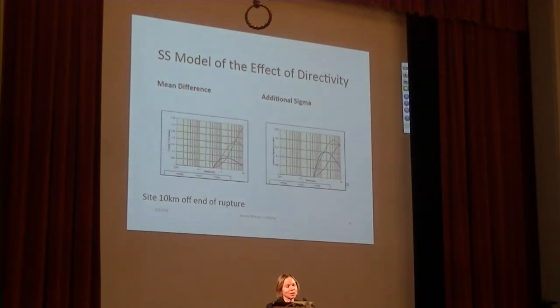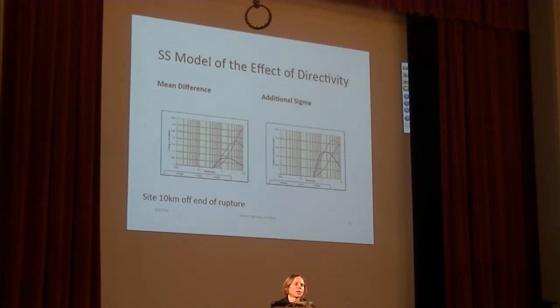And then the additional standard deviation that you would RSS into the ground motion prediction equation is over on the right. The blue here is for the magnitude 6, the green's the magnitude 7, and the red is the magnitude 8, and this peaks a little above 0.2. This is not the peak in the sigma, but it is the peak in the mean for the site right down the barrel, as we would say.